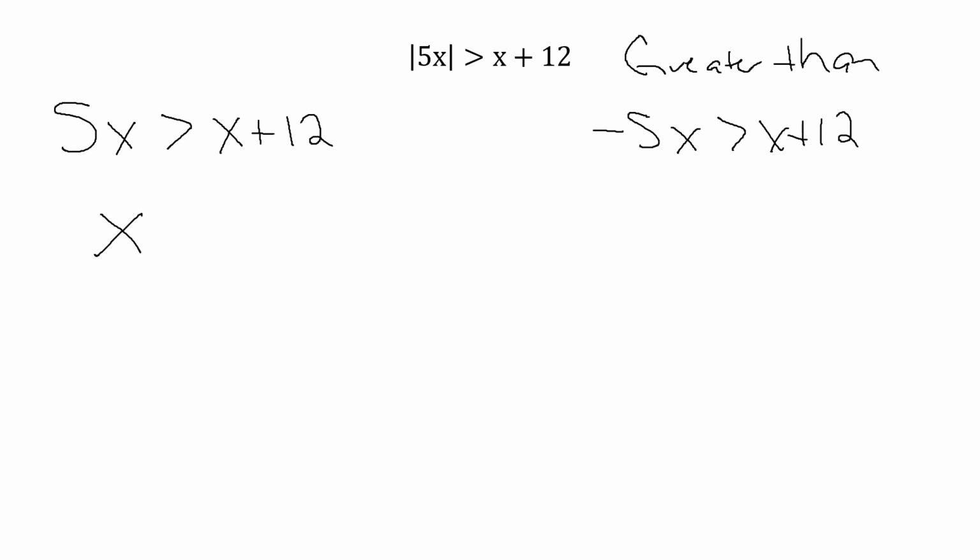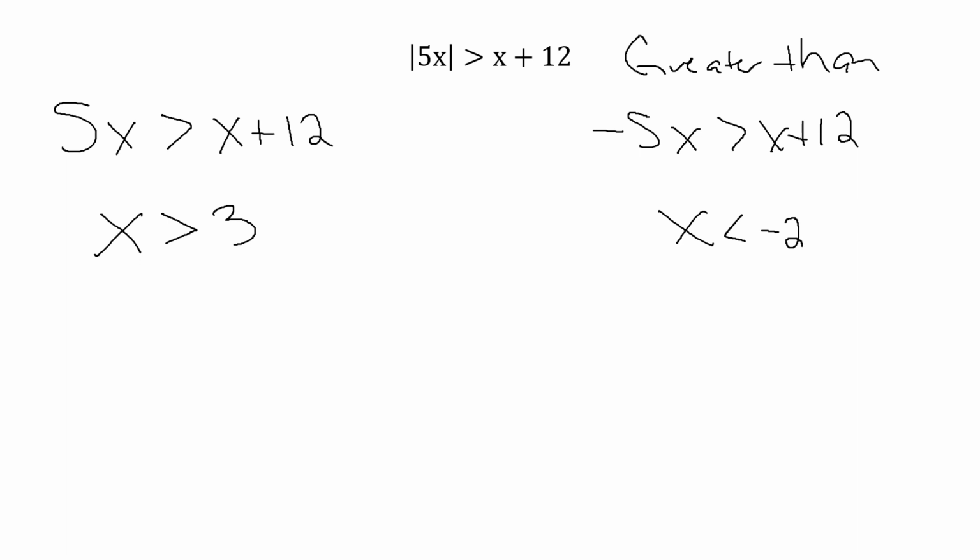The only difference is that the sign has changed. The inequality has flipped directions. So what we're going to do is we're going to end up with x is greater than 3, and we're going to end up with x is less than negative 2.